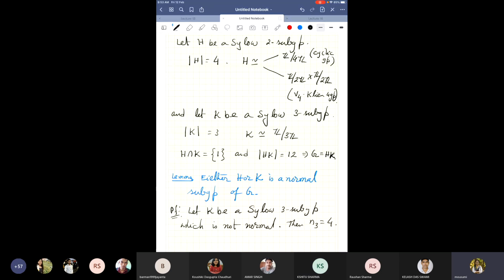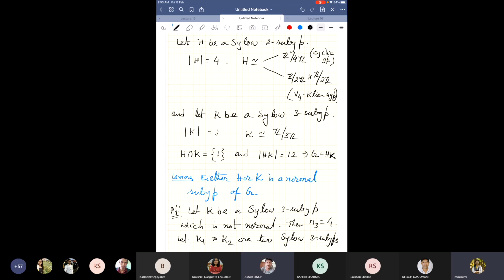Now let K1 and K2 be 2 Sylow 3 subgroups. What can I say about their intersection?